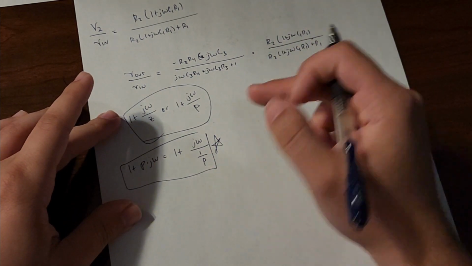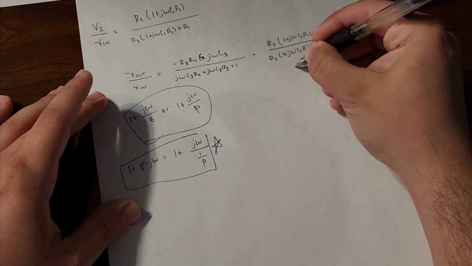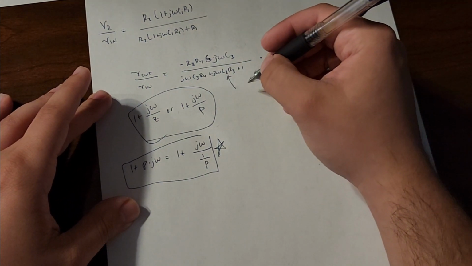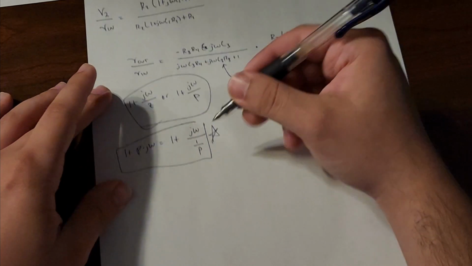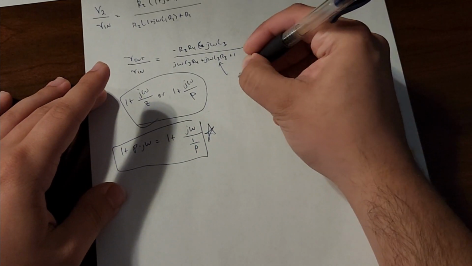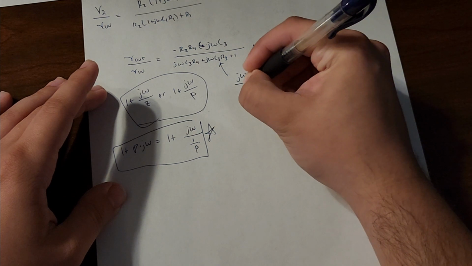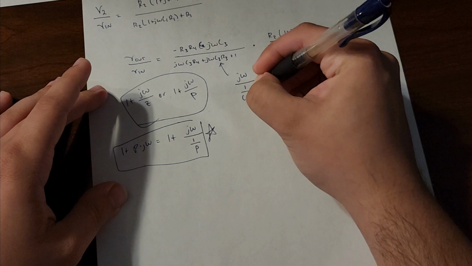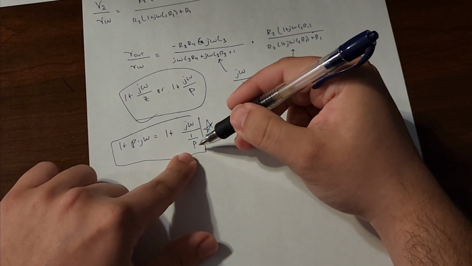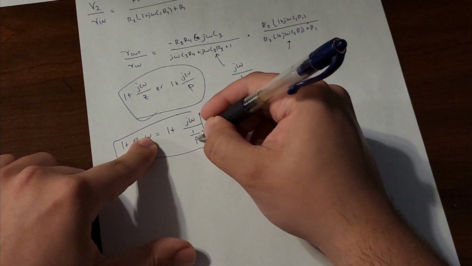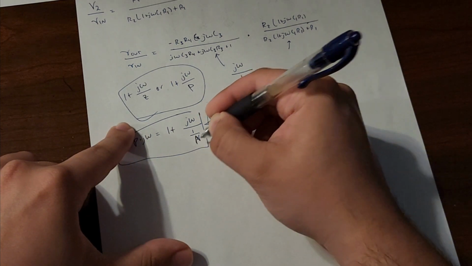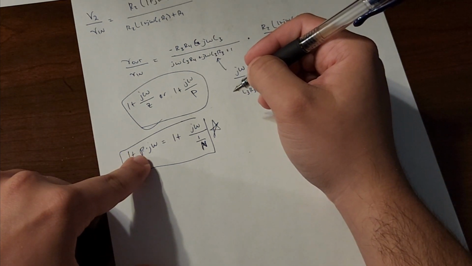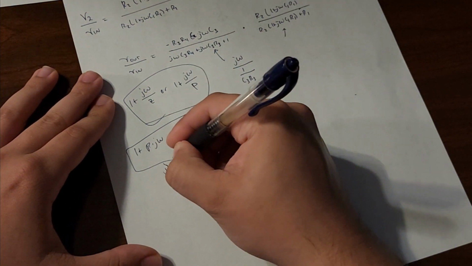So, given this, what can we do? Let's look here, it's a little easier. j omega times C3R3. What is that? Well, let's solve it using this. j omega divided by 1 over, what is p? p is C3R3. If we have 1 plus p times j omega, that's j omega over 1 over p.